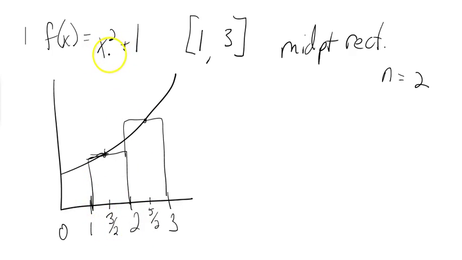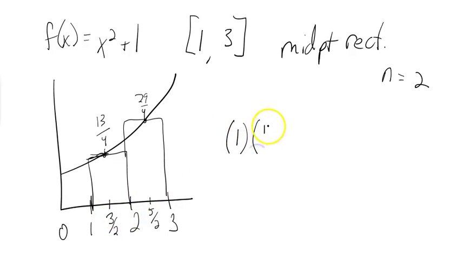So 3 halves, plugging it into the f of x, 3 halves squared would be 9/4 plus 1. 1 is 4/4, so 9/4 plus 4/4 is 13/4. Then the same thing with the 5 halves. 5 halves squared is 25/4 plus 4/4 is 29/4. And then if you're trying to find that area, you're going to add those up. Just length times width. So the base is 1.